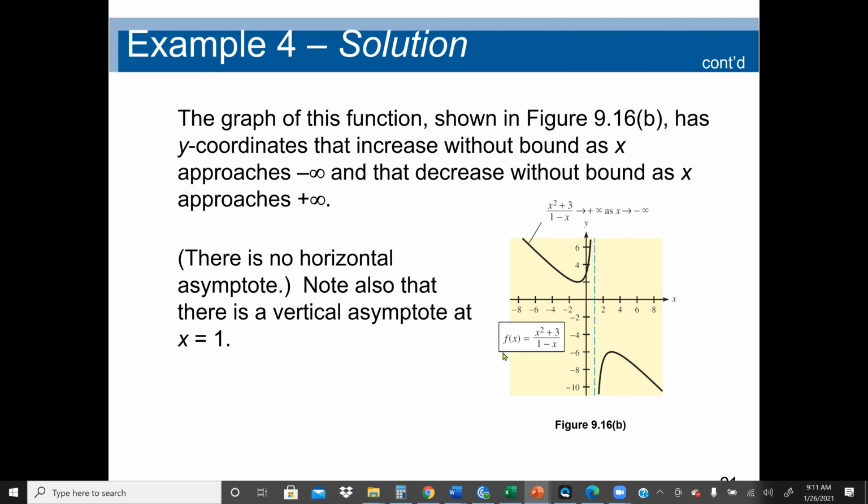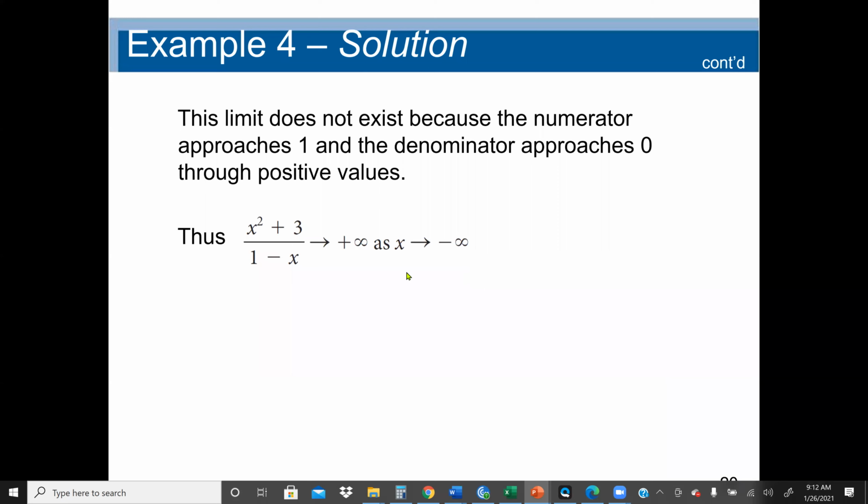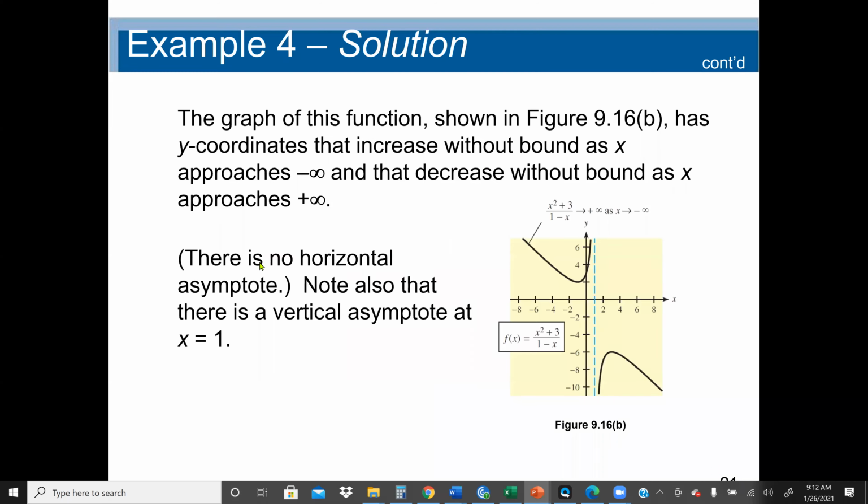What is it? I think it's this one. Let me see. So here you see that when we solved the second one, we said the limit does not exist. So this means if we plot this function, there will be no horizontal asymptote. You can see here, we only have a vertical. We don't have a horizontal because the limit does not exist when x approaches either positive or negative infinity.